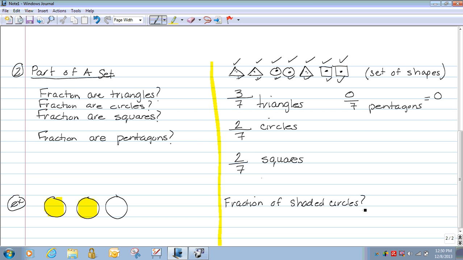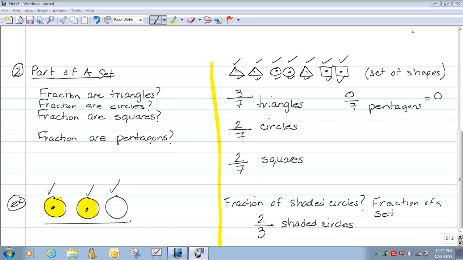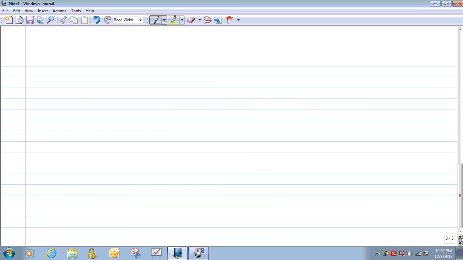And these are fractions of a set, because we have a set of circles over here. Well, I count how many are shaded. That's 1, 2. I count the total amount of circles. That would be 1, 2, 3. So my fraction of shaded circles is 2/3 shaded circles. Push pause. Let's do another example.